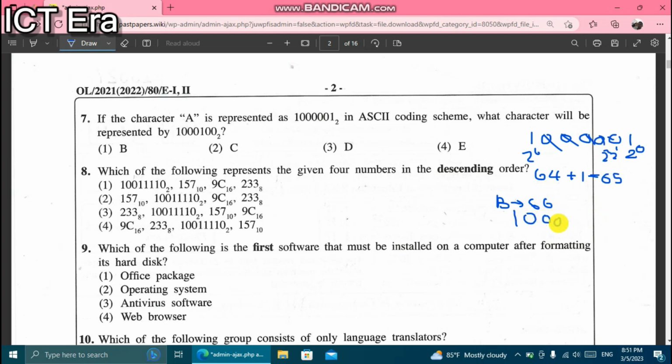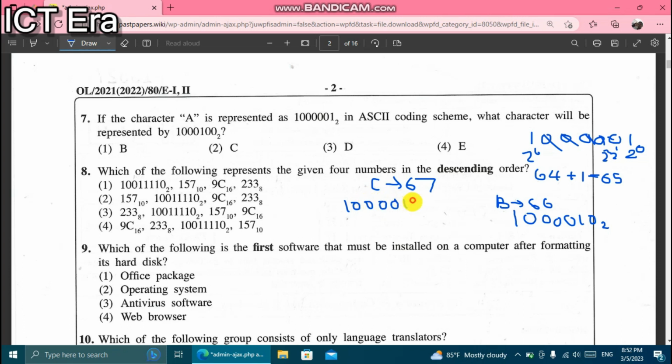Then instead of writing 1 in here, we can put 1 to the 2 to the power 1 column. Then this is 66, which represents B. Then C will represent 67. That means 64 plus another 3. Then how can we make 3? By adding 2 to the power 1 and 2 to the power 0.